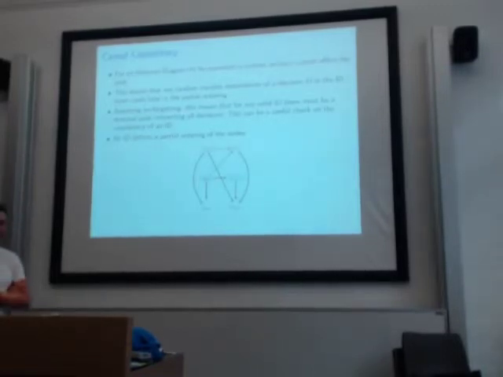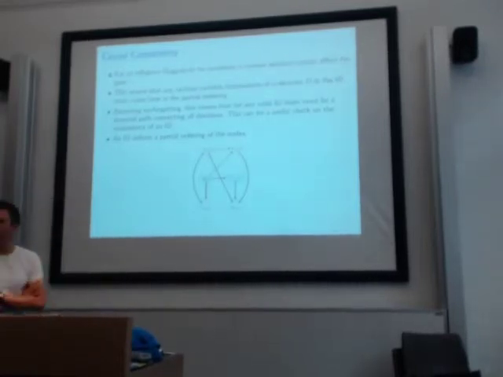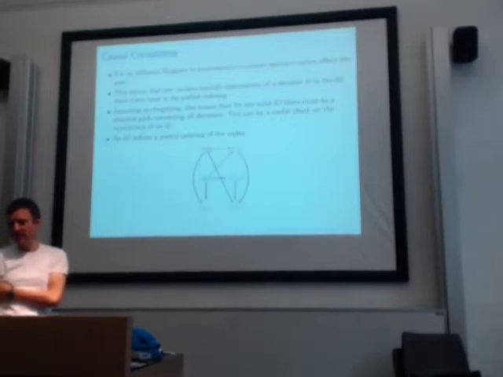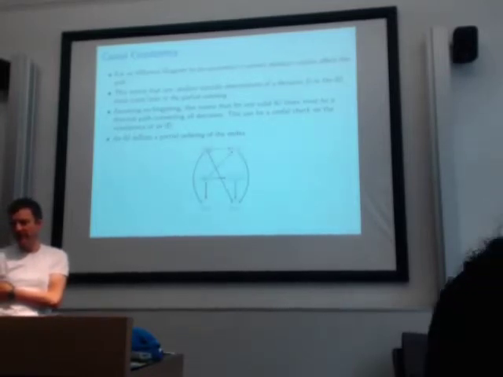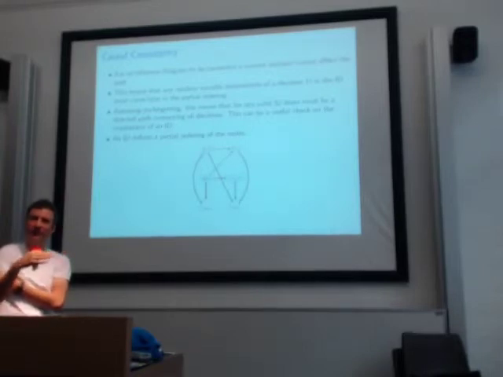So what that translates to is that there must be a path connecting all of your decision variables. In this case it's a little bit of a poor example, but there's a path here connecting these decision variables. So there must be a forward path going through your variables, which will always link them together.